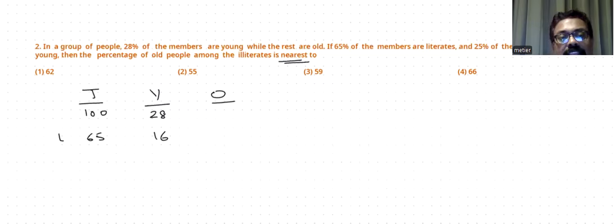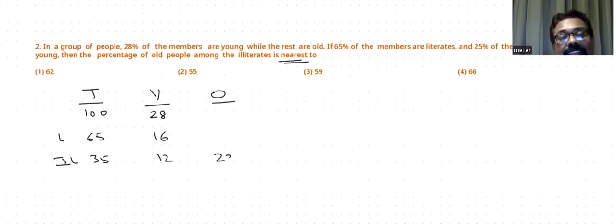Out of 100, if 65 are literate, illiterate will be 35. Out of 28 young, if 16 are literate, the rest 12 will be illiterate. And we need the illiterate percentage out of old people. So if we have 35 illiterate, out of 35, 12 are young, so the rest 23 will be old.